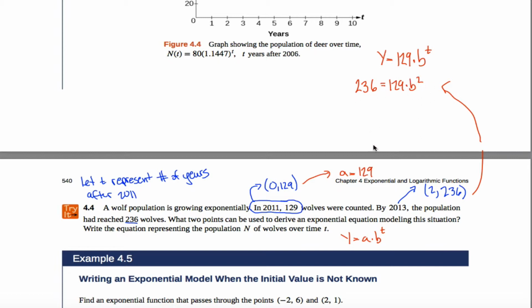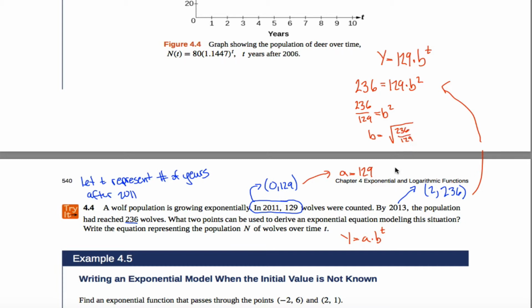So I get this equation. And so I can solve this equation. I don't think this is going to work out too nicely, unfortunately. I'd divide both sides by 129. So I'd get 236 over 129 is equal to b squared.